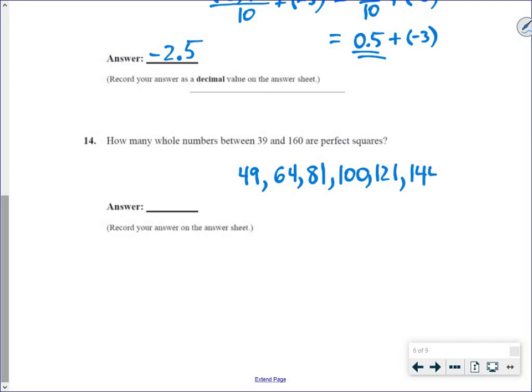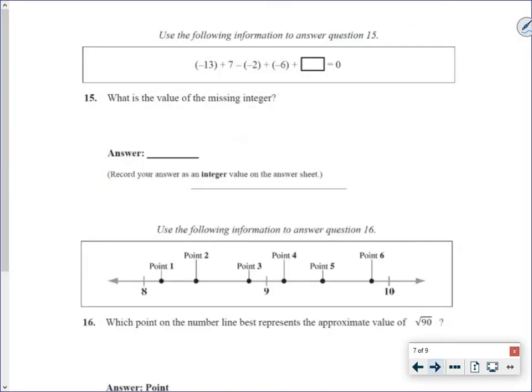That's one we looked at a little bit earlier. And 13 squared is 169. Notice 169 is above that. So between 39 and 160, there are 1, 2, 3, 4, 5, 6 perfect squares. All right, moving on.